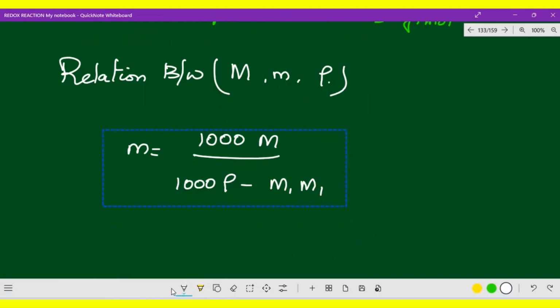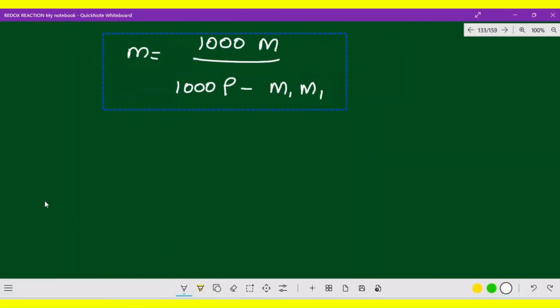So come on, let us apply the values. Here rho we can convert into density.